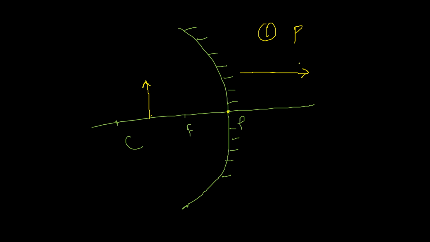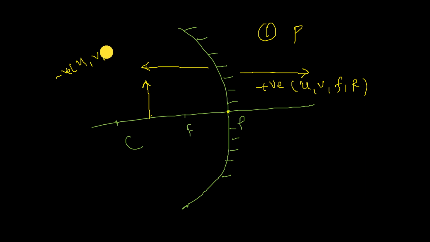So in this direction all are positive: object distance, image distance, focal length and radius of curvature. Opposite to incident rays, all are negative: object distance, image distance, focal length and radius of curvature.